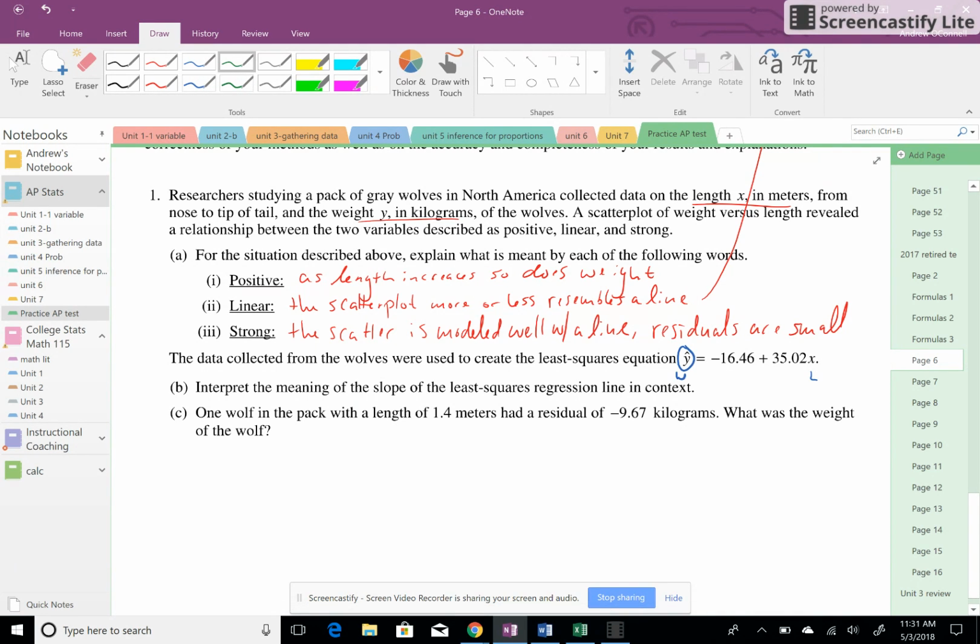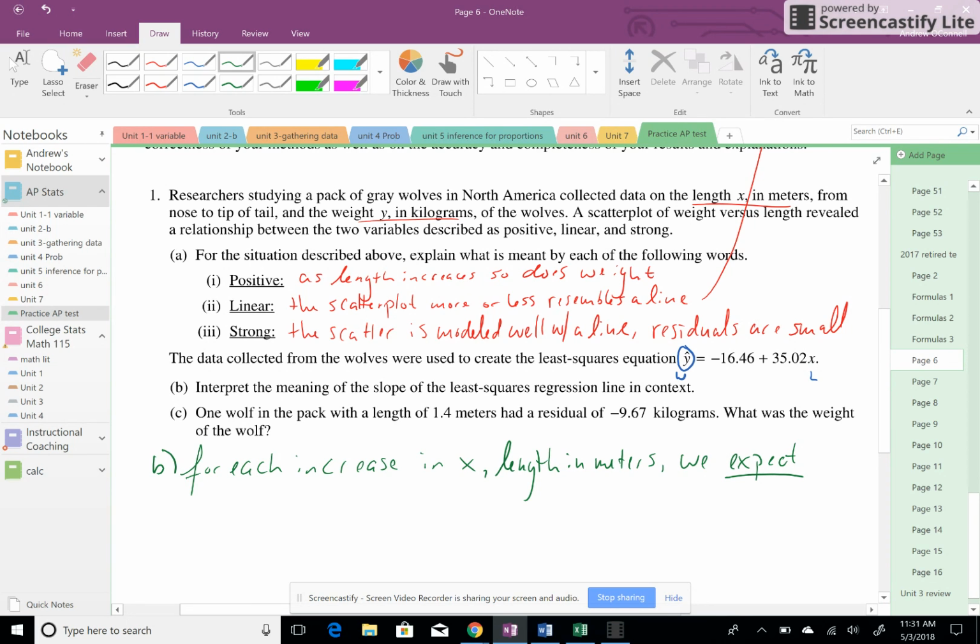So say something along the lines of, for each increase in x, which is length in meters, we expect, and I'll really underline expect because this is a predicted y, this is a least squares regression line.